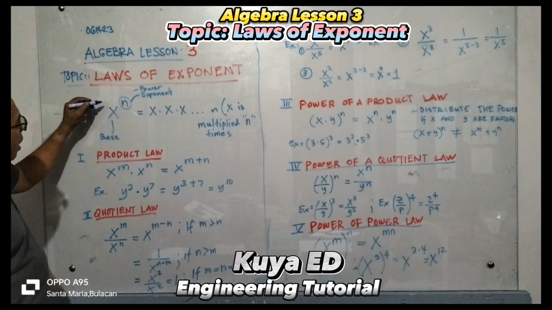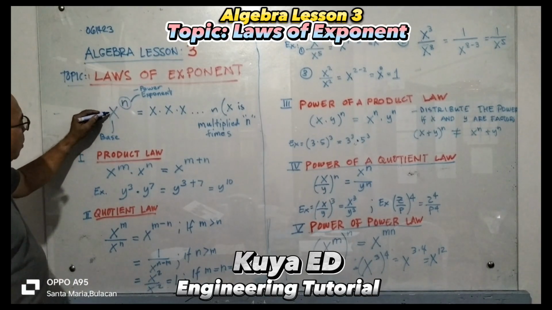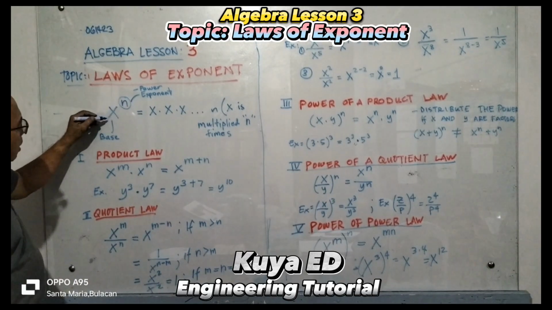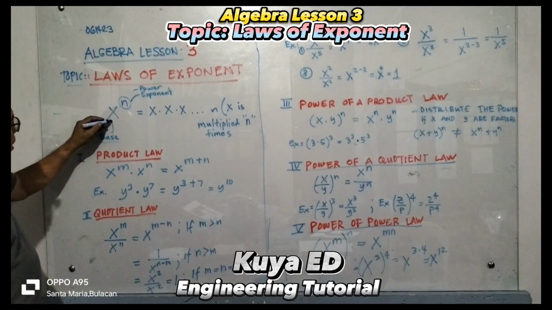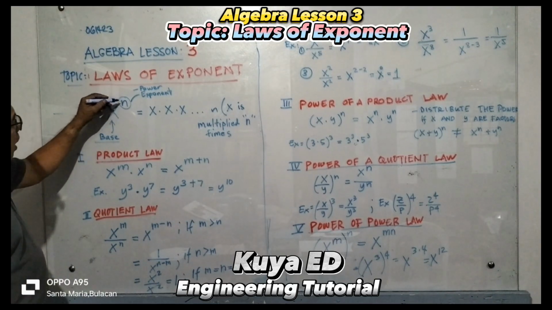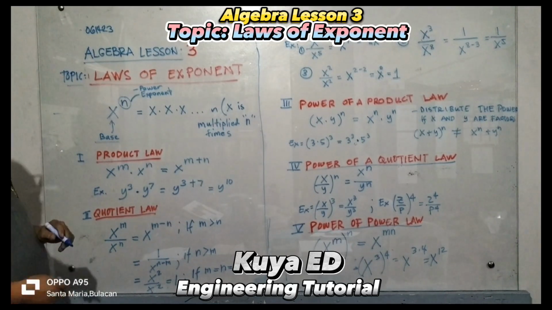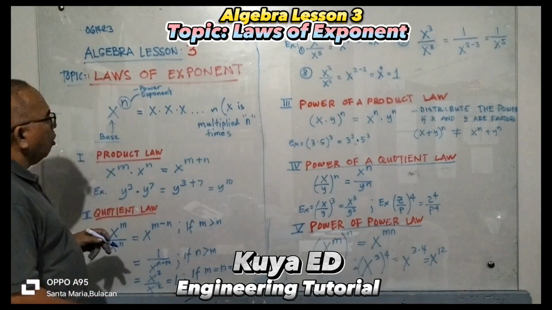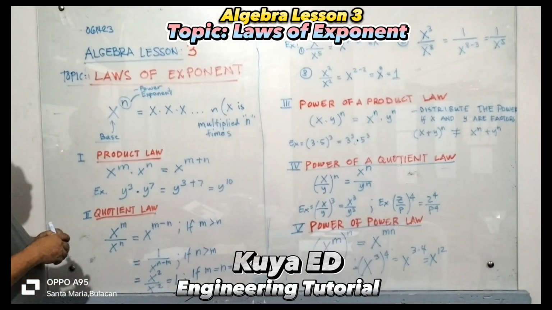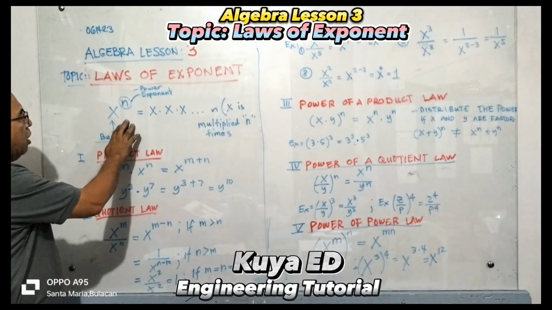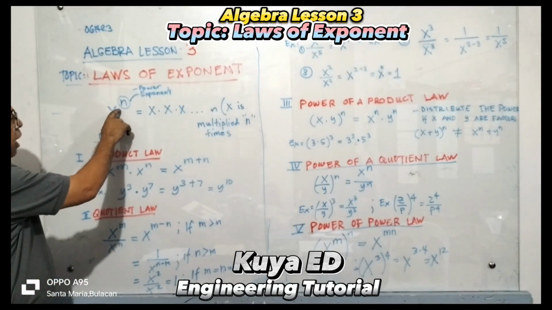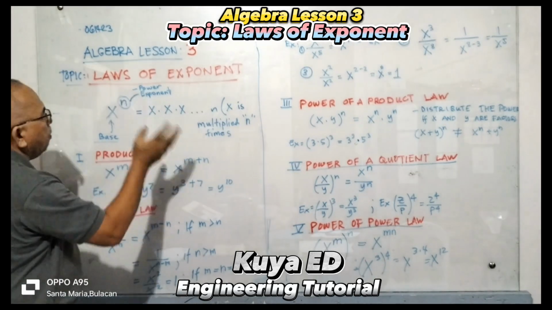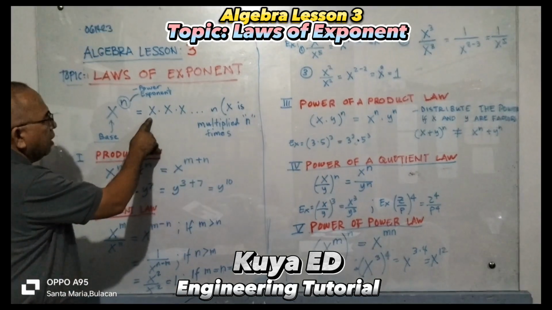So, take note that we have our n at ito ang base natin, ang x. Yan ang base. Yang exponent natin ay n, or sometimes we call this as power. N is the power of x. So, ang interpretation natin pagka mayroong x to the n is i-multiply natin ang x.